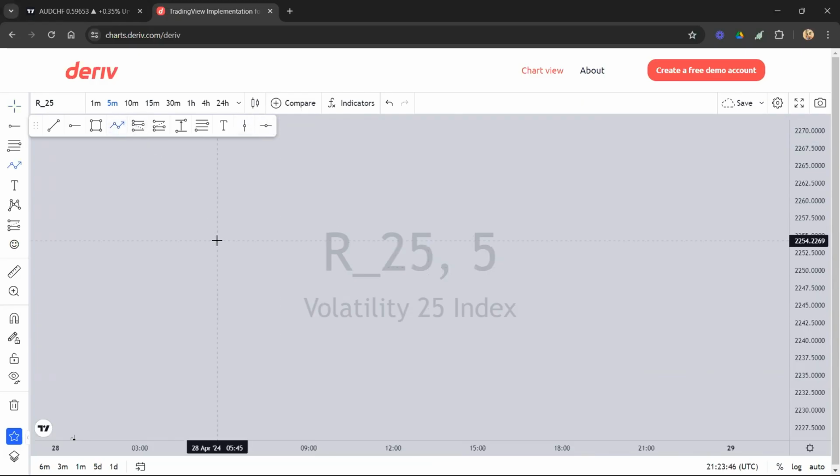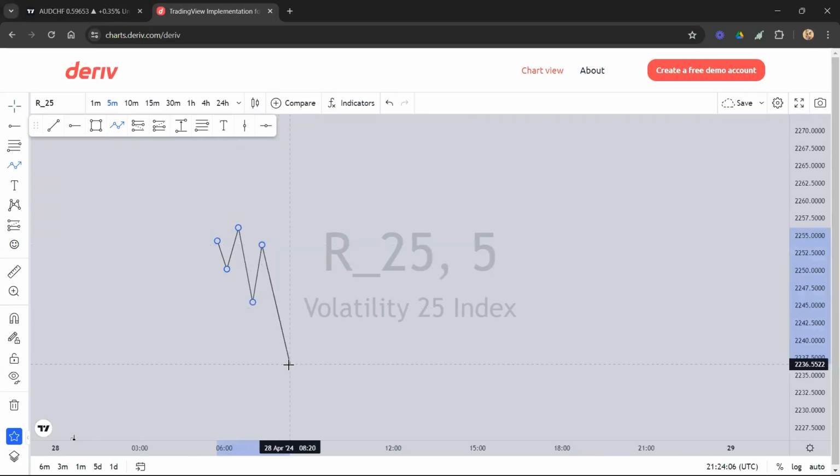Now, in an advanced market structure, this is what it looks like. We have a low, we have a high. Just observe. We have a low, we have a high.